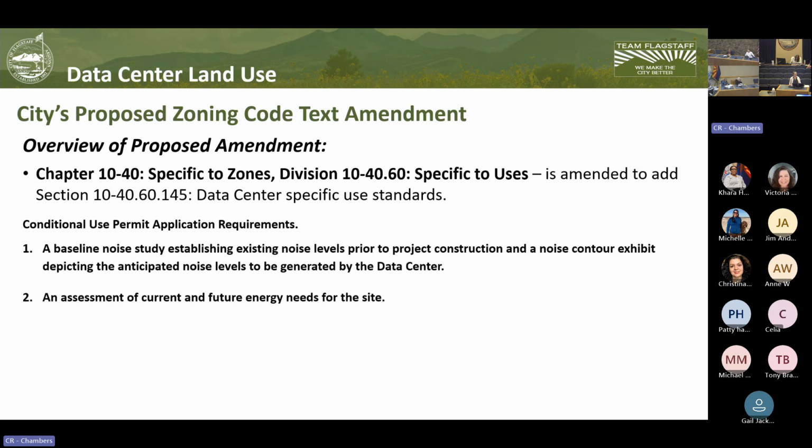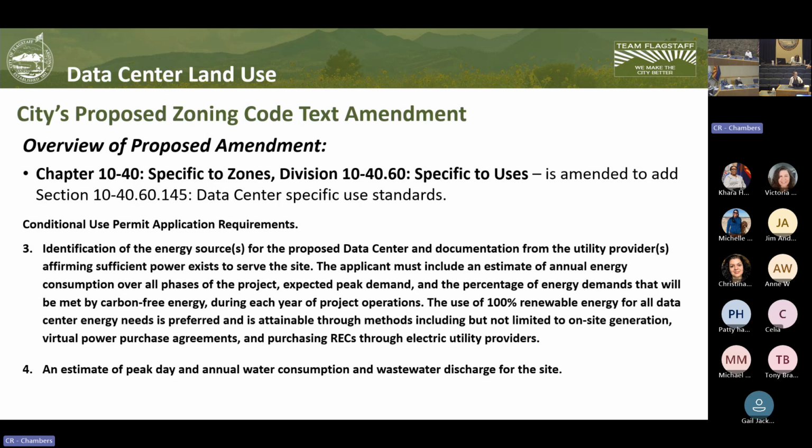An assessment of current and future energy needs for the site would need to be provided. Identification of the energy sources for the proposed data center and documentation from the utility providers affirming sufficient power exists to serve the site. The applicant must include an estimate of annual energy consumption over all phases of the project, expected peak demand, and the percentage of energy demands that will be met by carbon-free energy during each year of project operations.